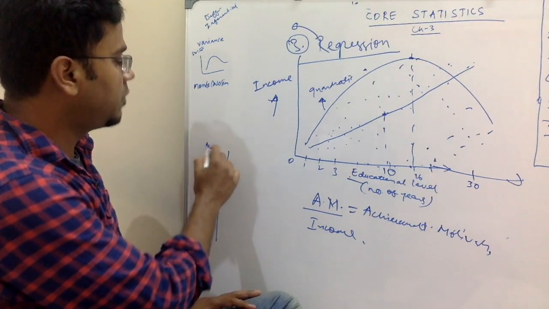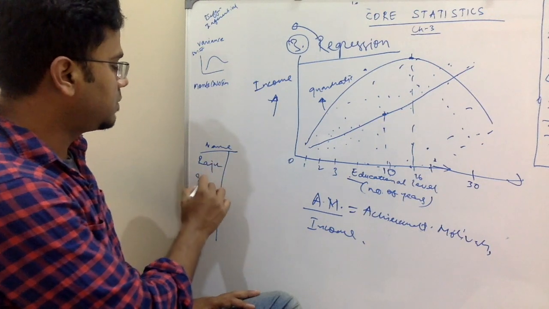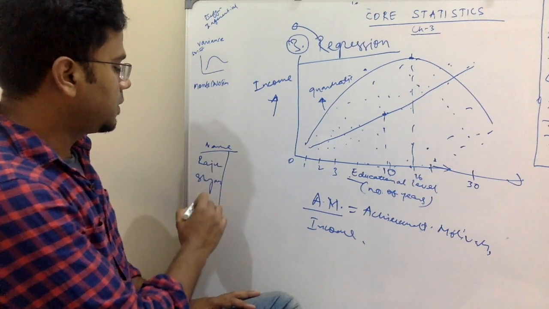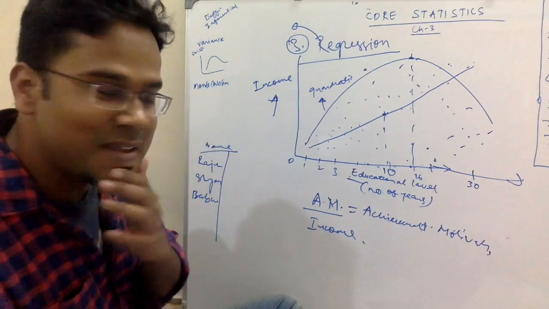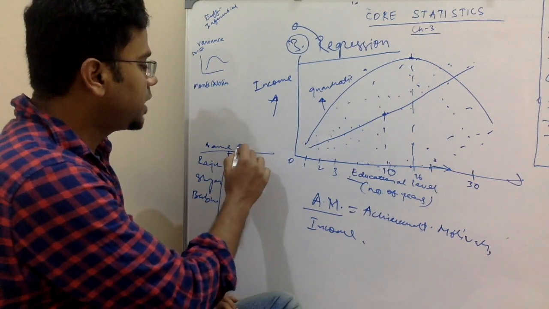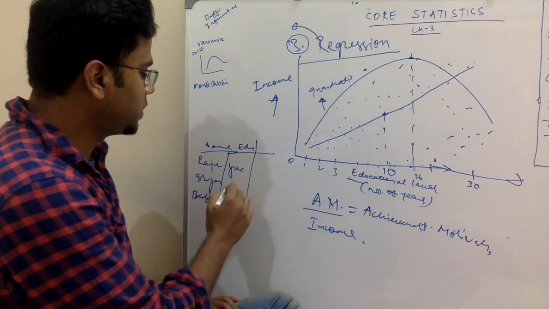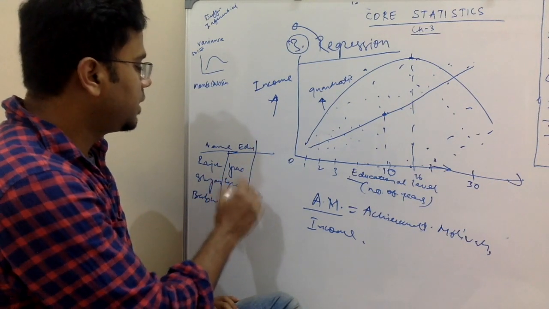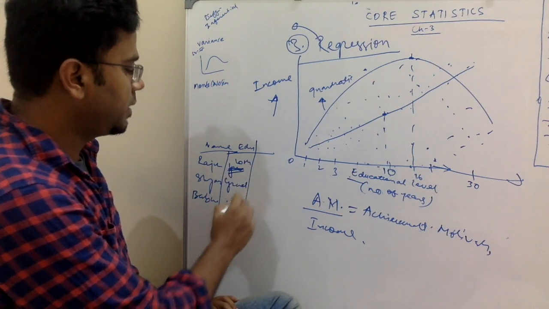Here will be the names of people: Raju, Sham, Babu Bhaiya. And here will be their educational levels: graduate. No, Sham was a graduate, right? This is 10th pass, and he is illiterate.